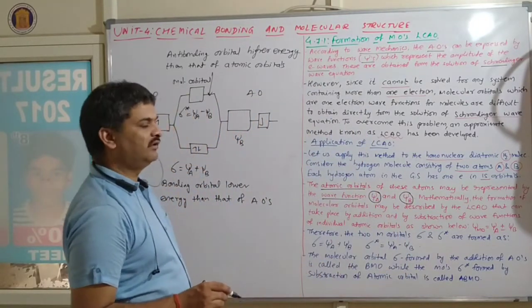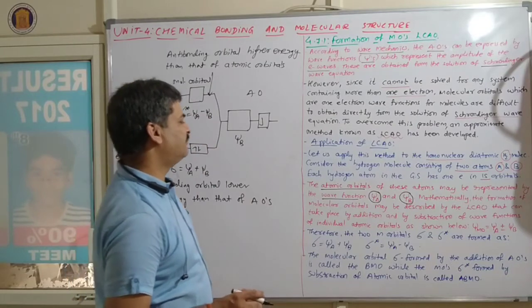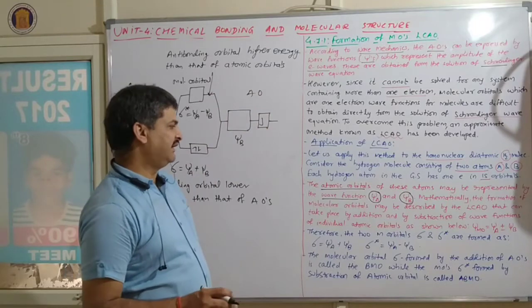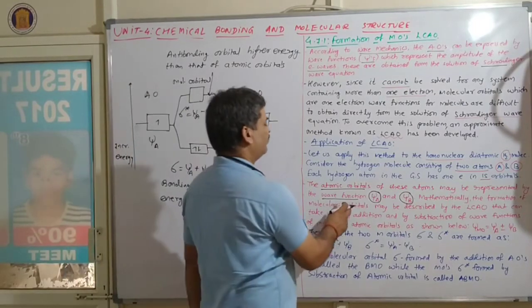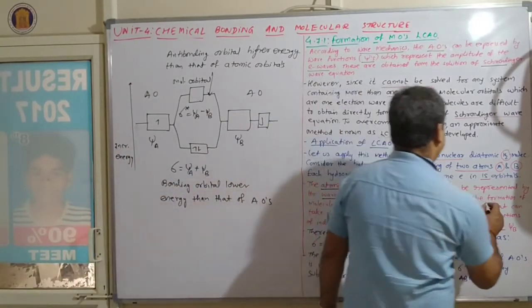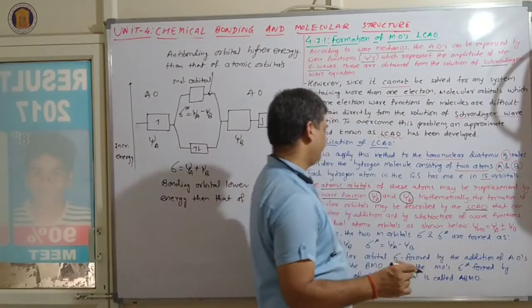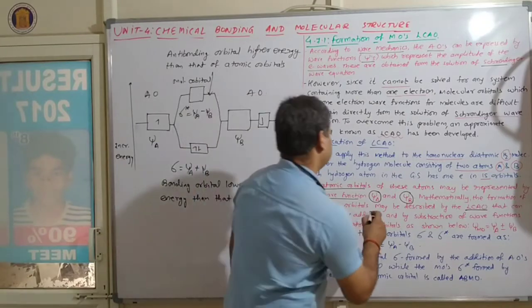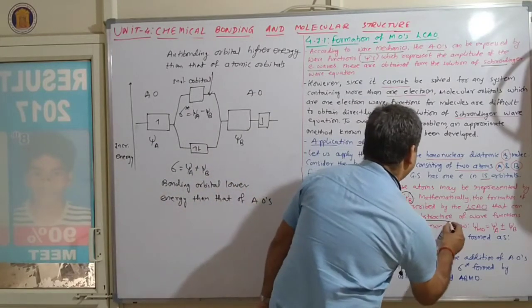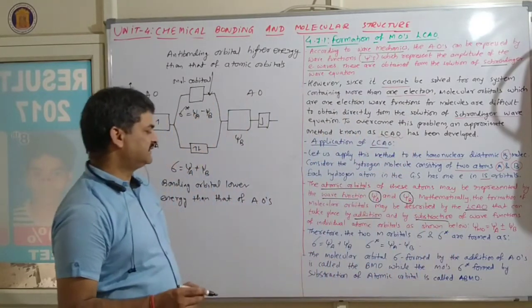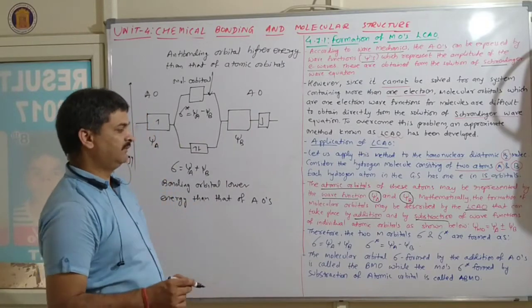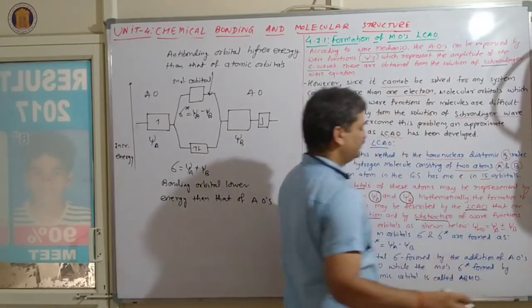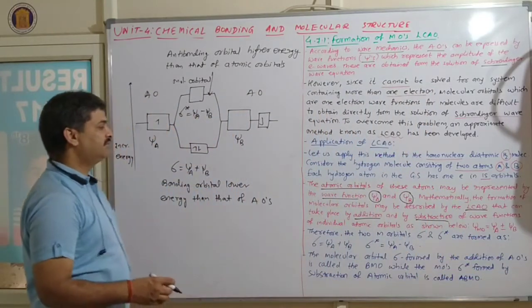The atomic orbitals of these atoms may be represented by the wave functions psi A and psi B. So mathematically, the formation of molecular orbital may be described by LCAO that can take place by addition and by subtraction of wave functions of individual atomic orbitals as shown below. तो क्या आएगा? Psi MO is equal to psi A plus minus psi B.